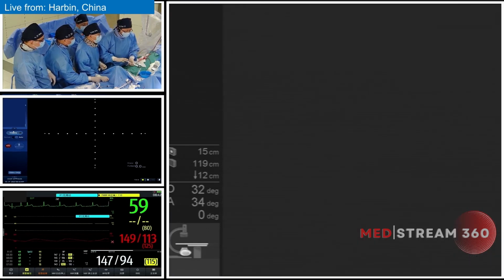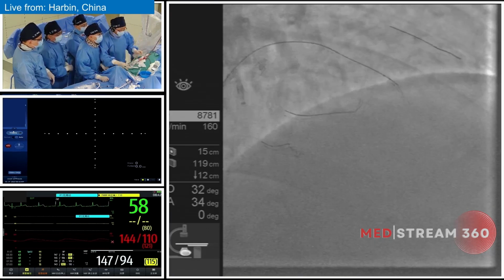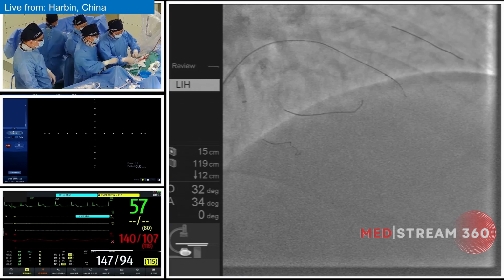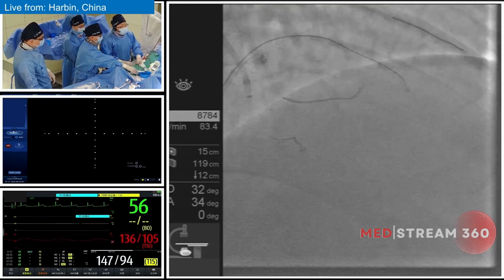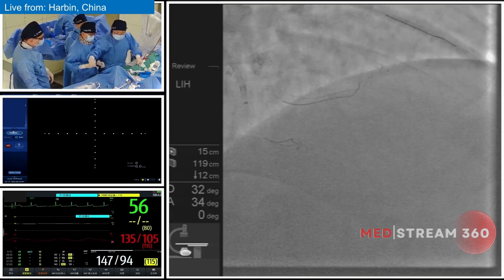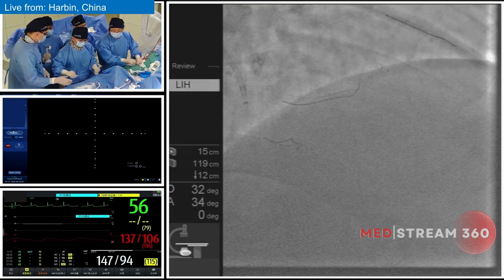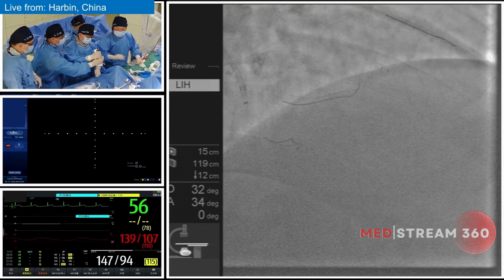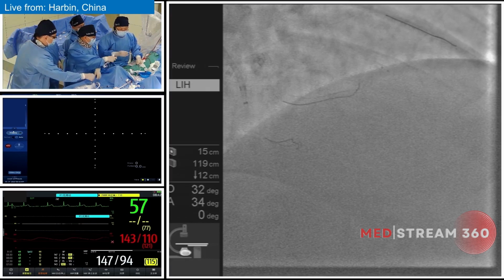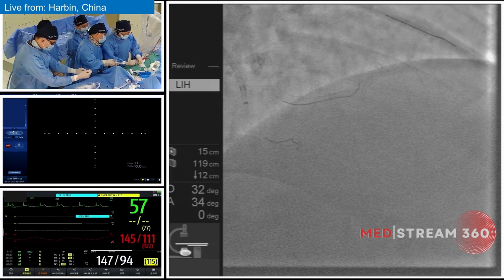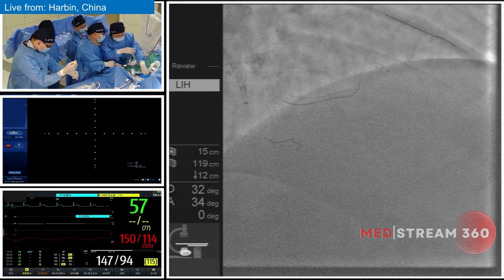According to the CTO algorithm flowchart, this CTO case is a blunt type, relatively long, over 20 millimeters. It also favors ADR very much, which explains our strategies.